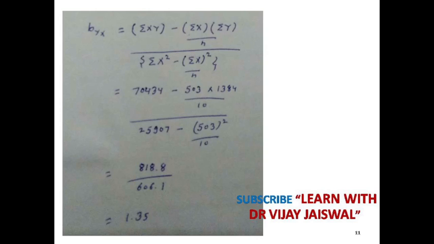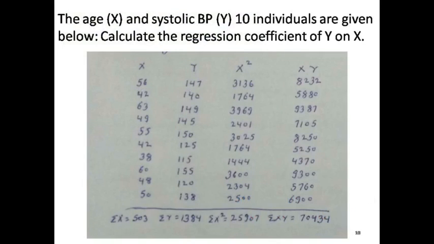All these values we will require. So here I have calculated all these values. For age, the summation x is 503. For systolic blood pressure, the summation y is 1384.